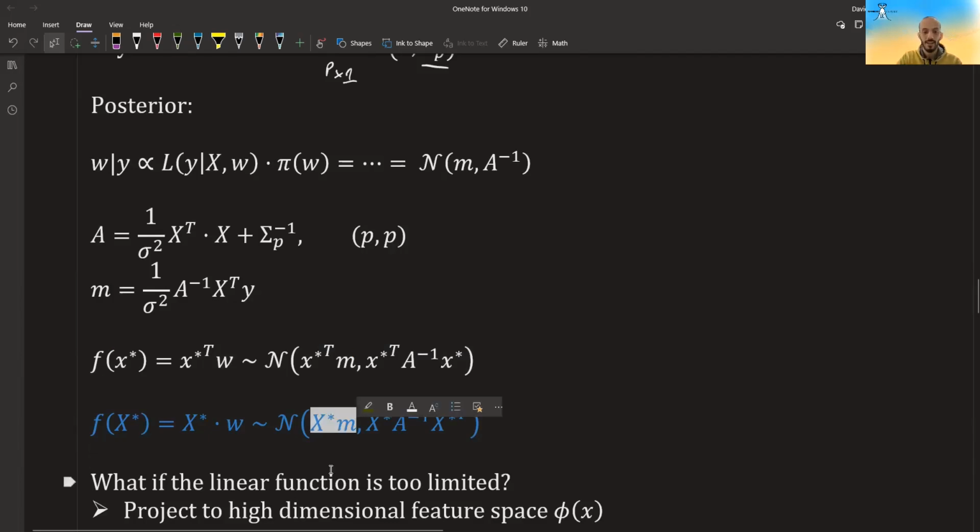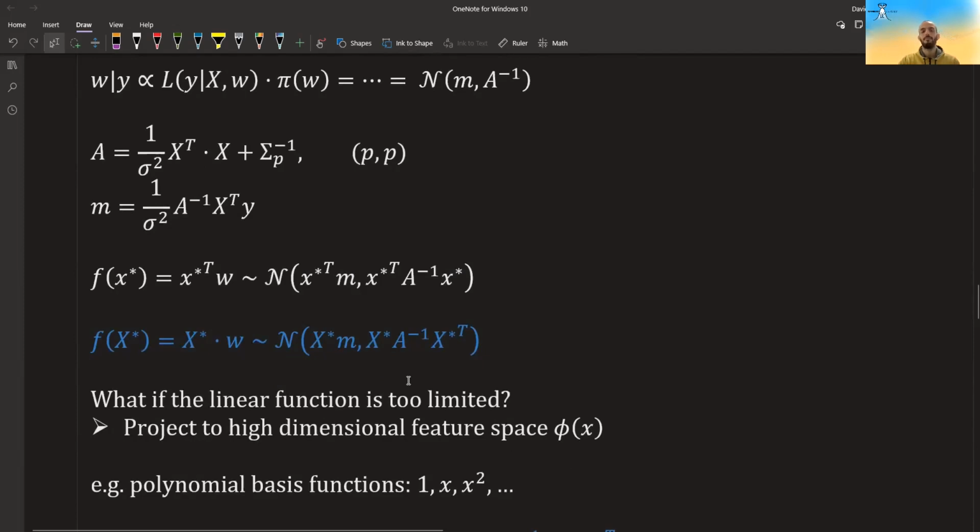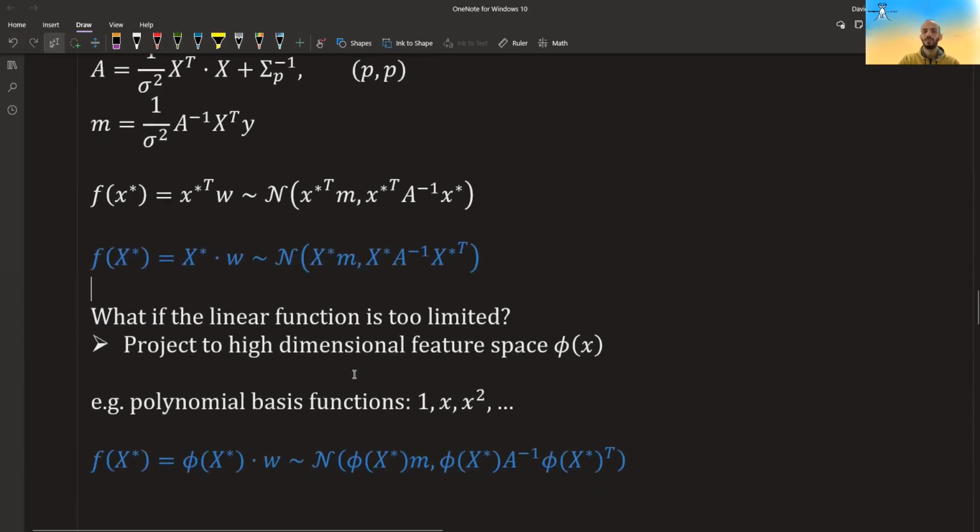We can plot this vector. This will be our mean function. We can have for each point a confidence interval, and we are done. But as we mentioned before, a linear function might be too limited. So one solution is to project to a high dimensional feature space, which is usually denoted by phi of x.